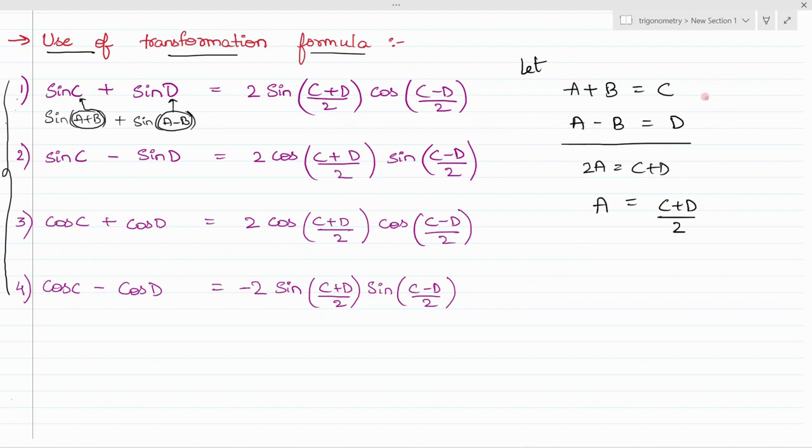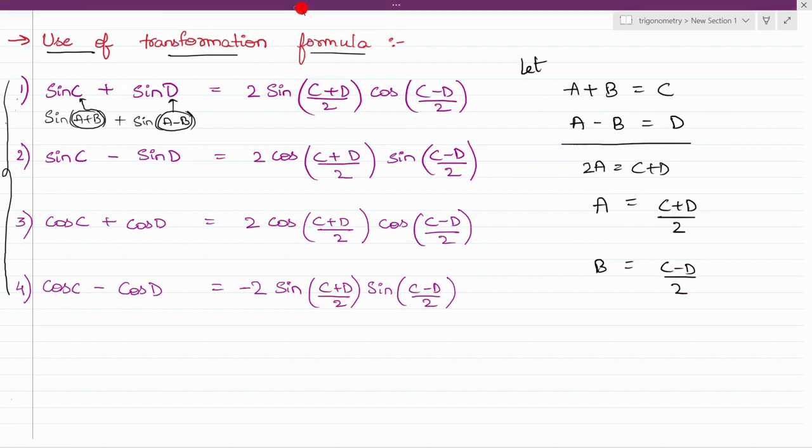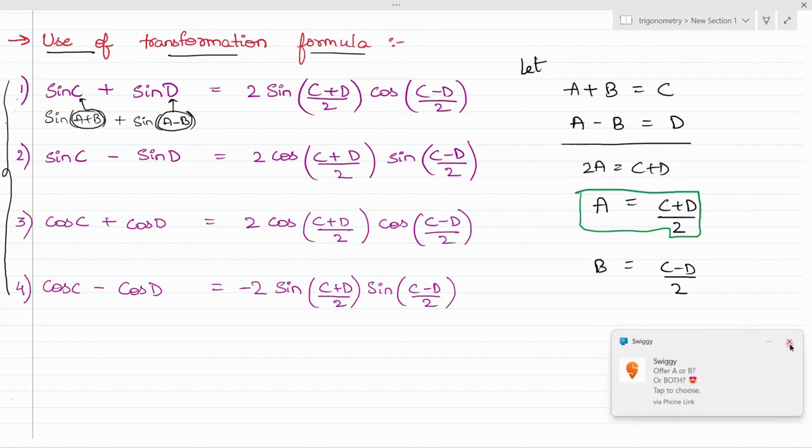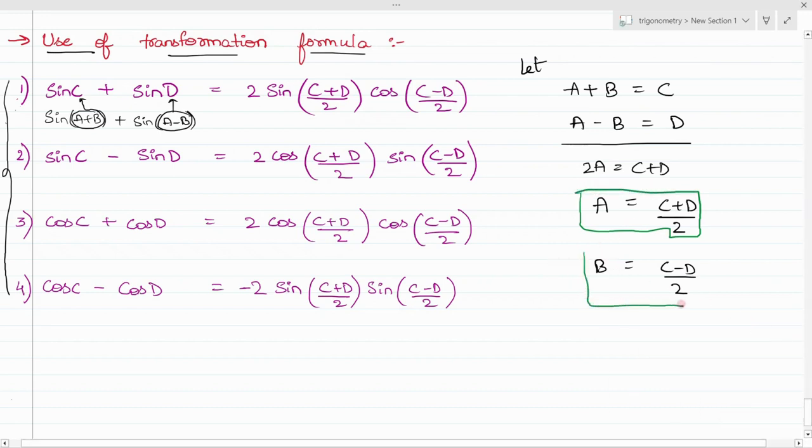If you substitute this a in either equation, you will get b as c minus d by 2. You need to remember this, that a is c plus d by 2 and b is c minus d by 2. Using these two, we're going to derive all these 4 formulas.